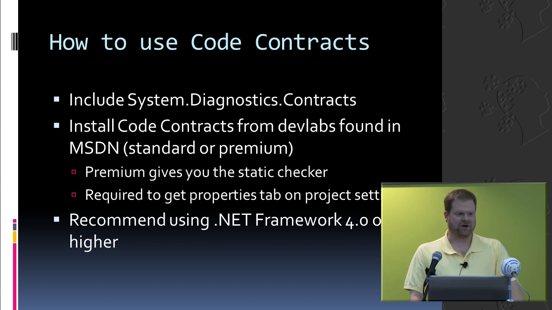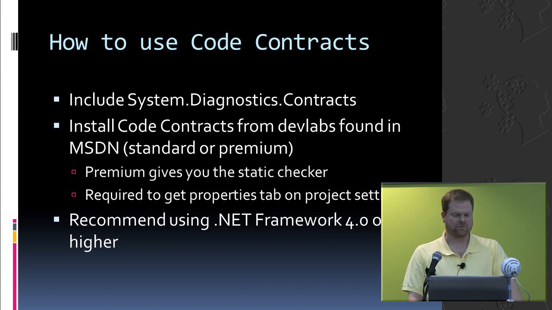So the first question that probably everybody's thinking of is, how do I use code contracts? Well, if you have the .NET framework installed on your machine, you have access to it. So you've already got step one complete. The contracts library is actually included in System.Diagnostics.